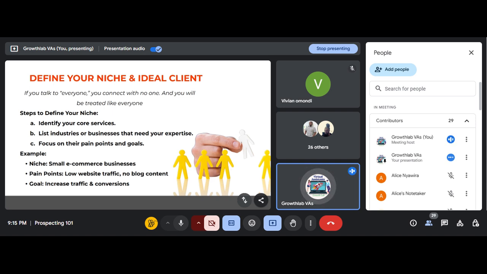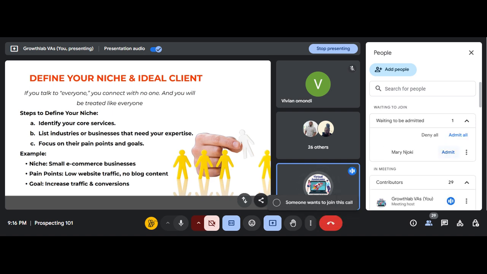Now, once you've decided on the niche that you'll go with, be it on the service, on the location, or on the client, then find out what their problems are. And one thing I say from time to time is, when I say focus on their pain points, these should be pain points that you can solve.